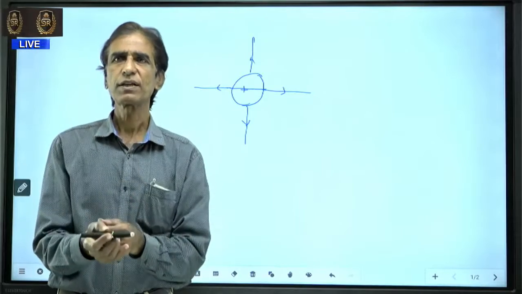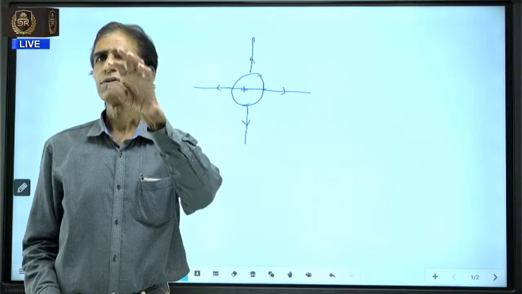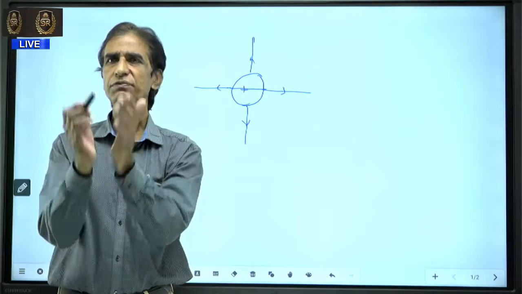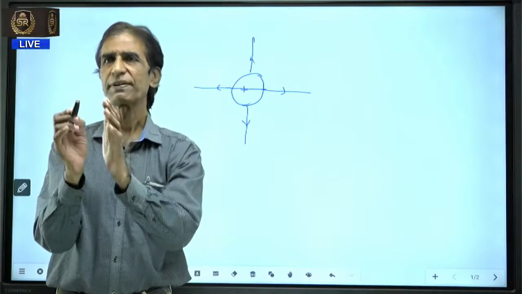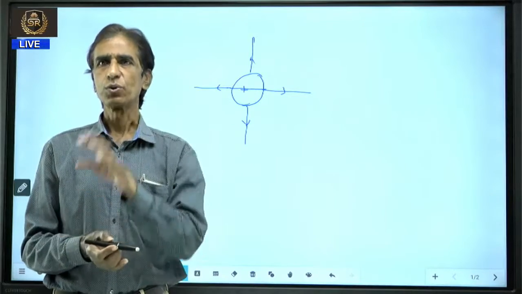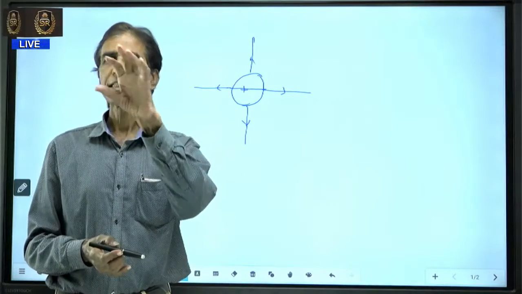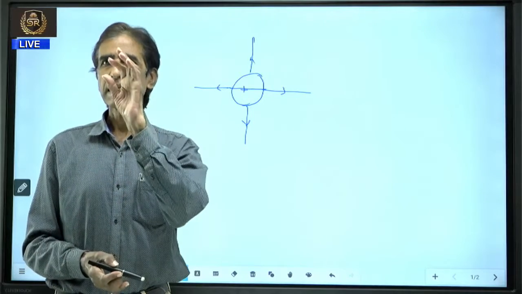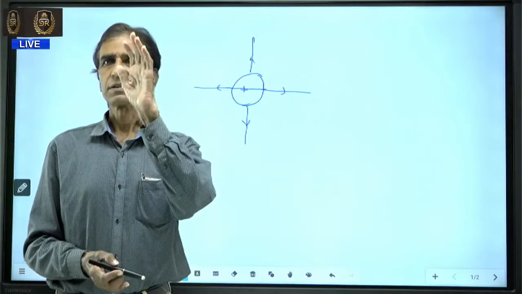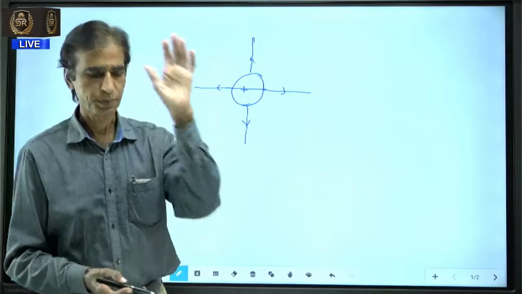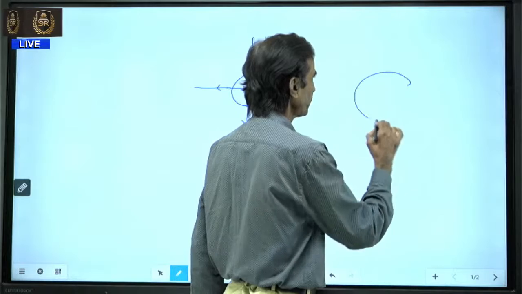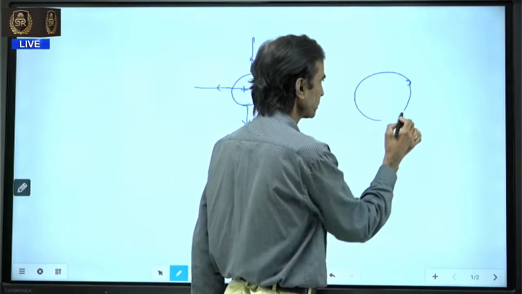Whenever we give excess charge, it will be on the surface only, so the field will be only from the surface. No electric field inside. In other words, electric field lines do not form closed loops like this.